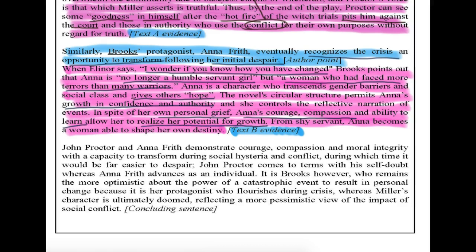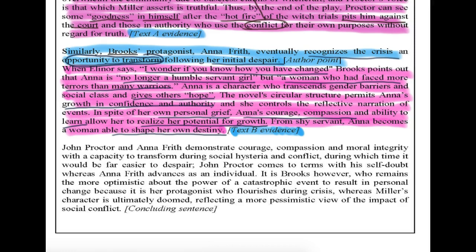From shy servant, Anna becomes a woman able to shape her own destiny. All of those things are supporting the idea that the character has transformed in the face of crisis, and that supports the topic sentence, that some individuals will show compassion and courage in the face of conflict. Okay, so again, let's not dwell on the language, let's just see how this body paragraph has been structured.